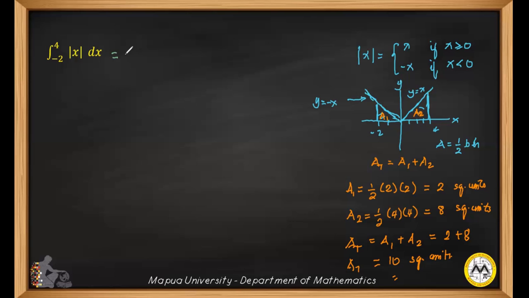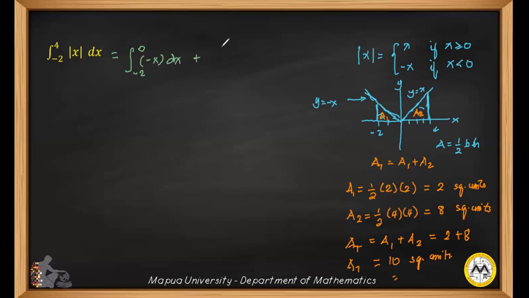And the integral of the absolute value of x from -2 to 4 is the integral from -2 to 0, okay? And when x is less than 0, the absolute value of x is -x. So we will have -x dx.